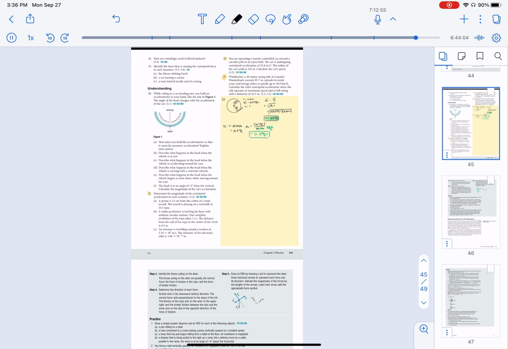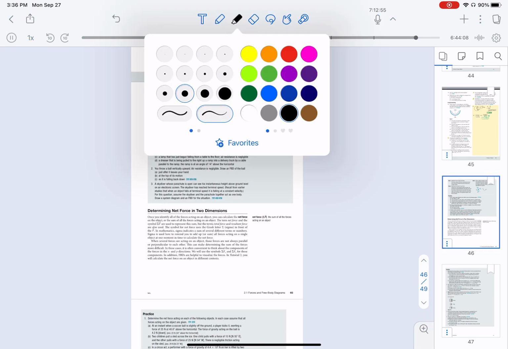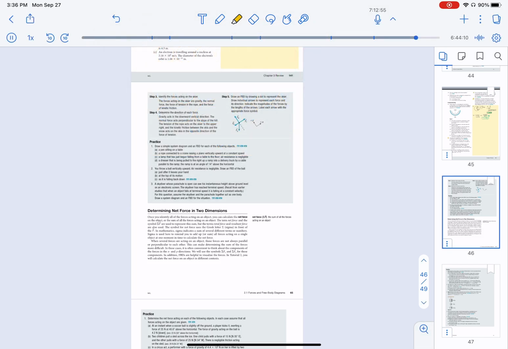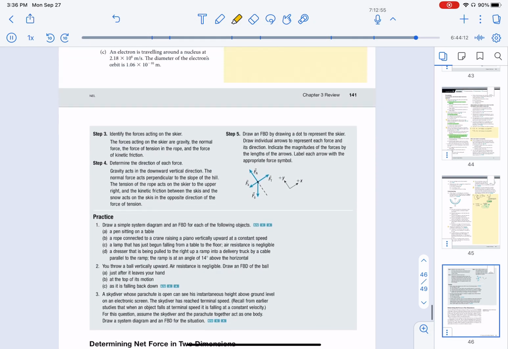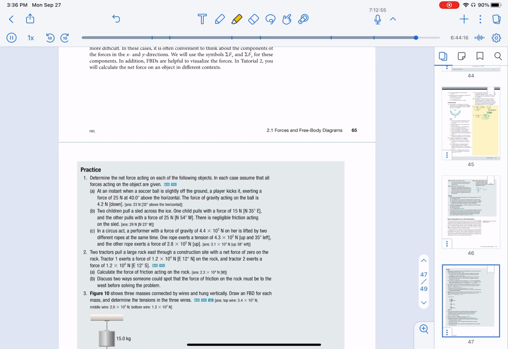So when you're looking at the word static, you remember that static just means at rest. So when we look at static equilibrium, that's an object at rest, so it's not moving, and all the forces are balanced on it. Technically you're in static equilibrium because all the forces on you at this moment are balanced.